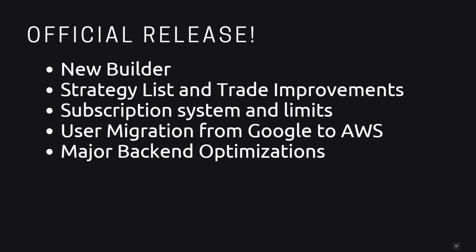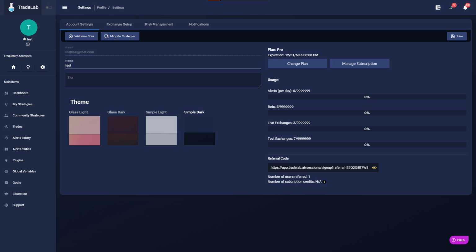The subscription system and limits have also been put in, so you can now purchase subscriptions. You can go to the settings screen and check all of your limits and stats to see how many alerts you're taking in, how many bots you're running, exchanges that you have, that sort of stuff.